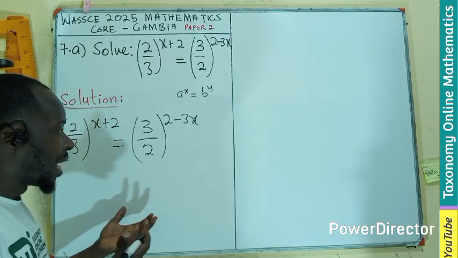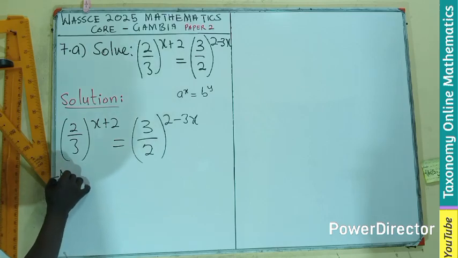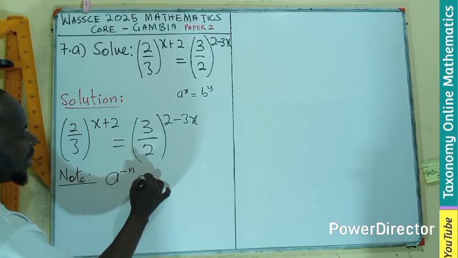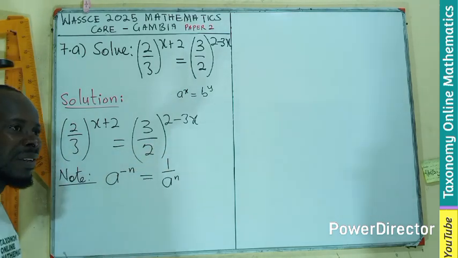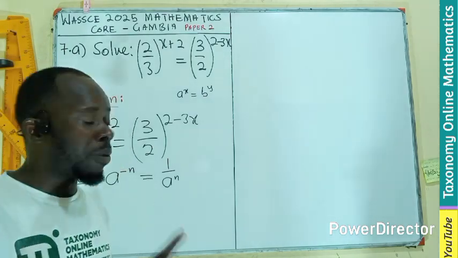So the only way we can do that is to remember that a^(−n) is equal to 1 over a^n. This is the reciprocal property, or the negative exponent property.